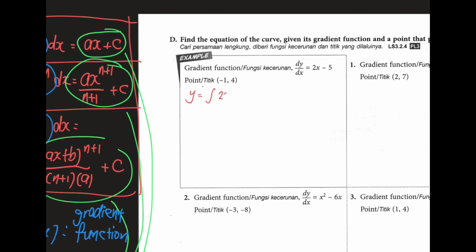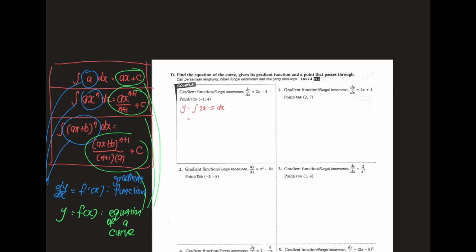So y equals the integral of 2x minus 5. When you integrate 2x, you just stick to the second formula, 2x to the power of 1, so it becomes 2x to the power of 2 divided by 2.